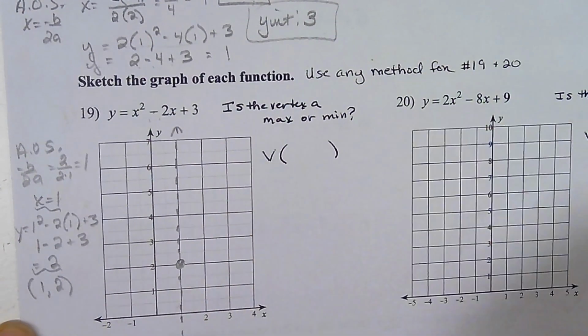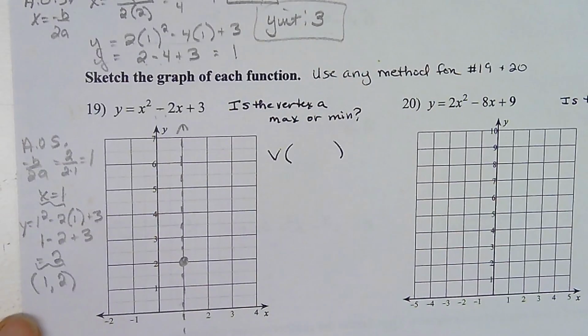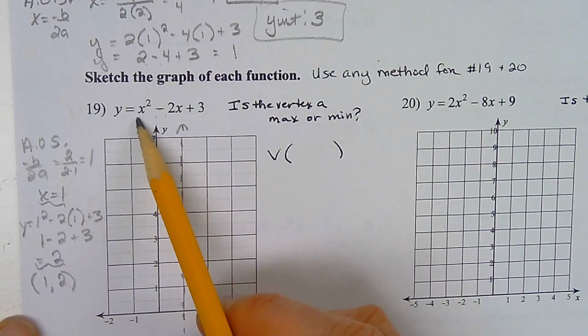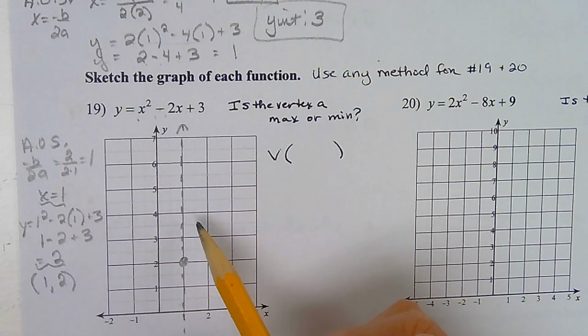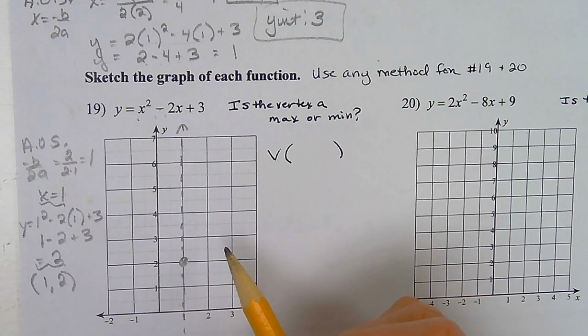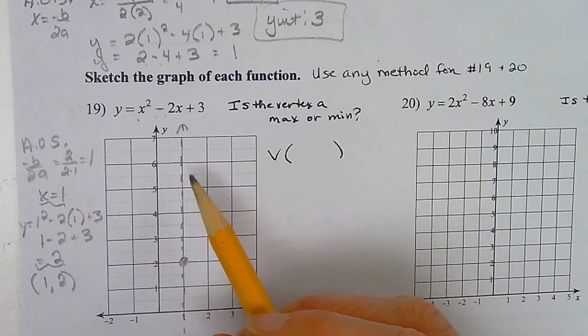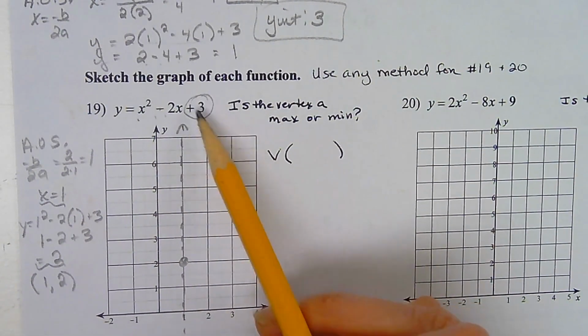There's the vertex. Now this parabola is going to open up because this value right here is positive. So I know my parabola is going to open up. And I can find my y-intercept, which is 3.